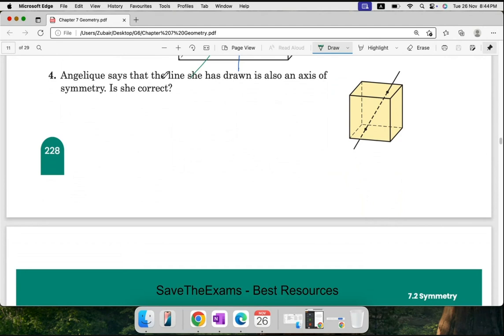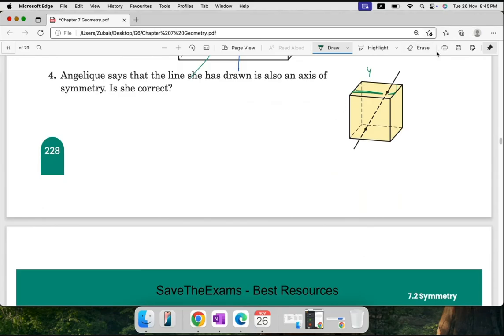Angelique says that the line she has drawn is also an axis of symmetry. Is she correct? Let me say this is 4 centimeters and this is 1 centimeter.